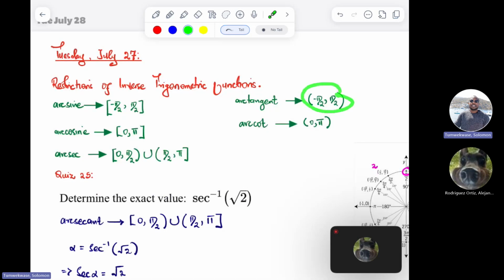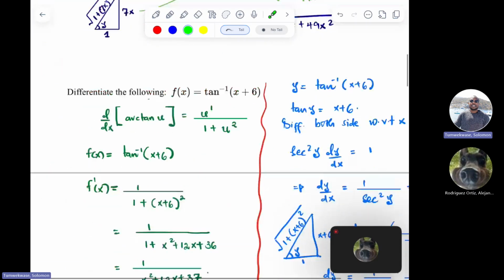Arctangent is also negative pi to pi, but check, for arcsine, the endpoints are included. For the arctangent, the endpoints are not included. Arccotangent is almost the same as arccosine. Arccosine, we have endpoints included, and arccotangent, we have the endpoints not included.